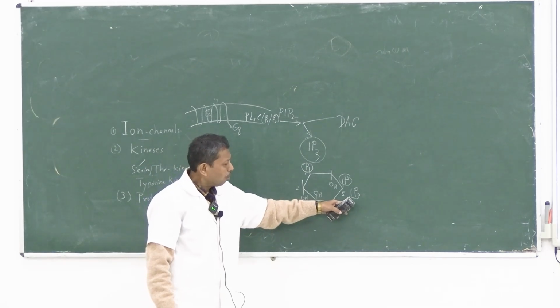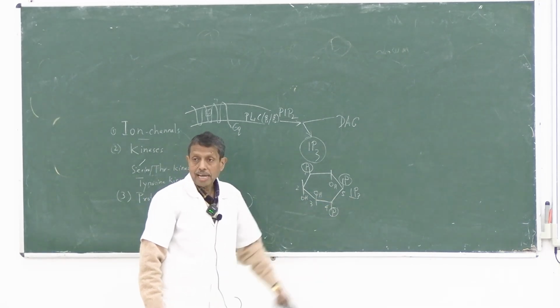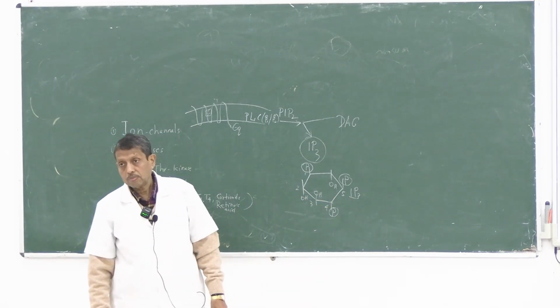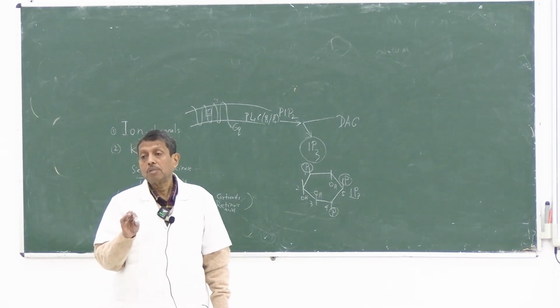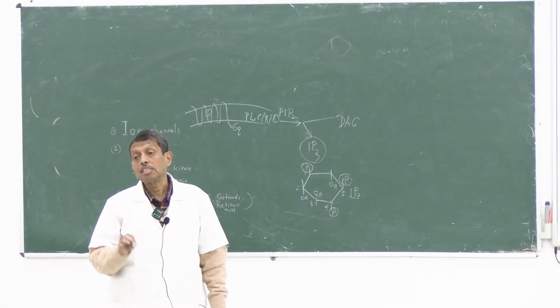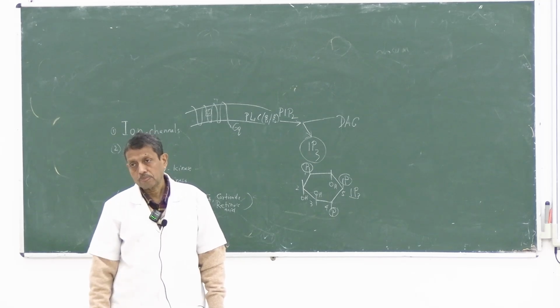The IP3 receptor is similar in structure to the ryanodine receptor, almost equivalent to the ryanodine receptor in skeletal muscle. That we will discuss.